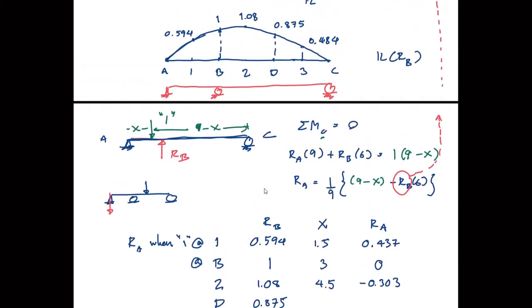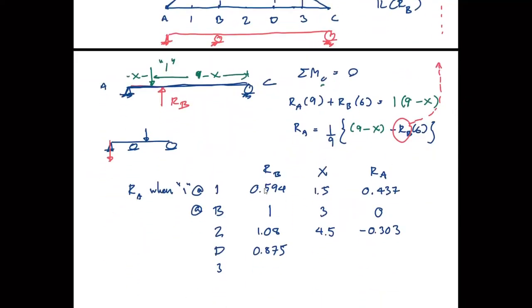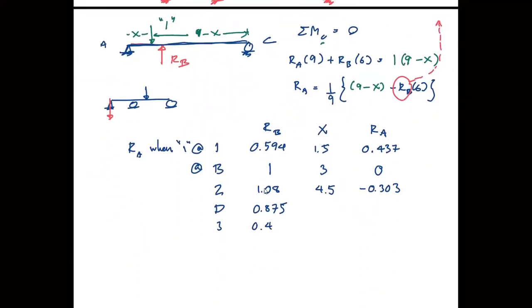And when it's at 3, this is 484, this is 6, this is 7.5. Okay, you can do the calculation by yourself. Just once you get the idea, which is about 213, and this is 113, and looks like 3.